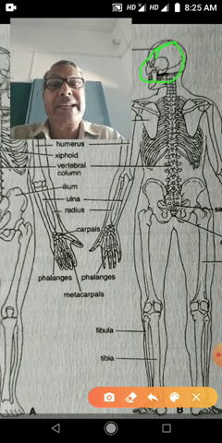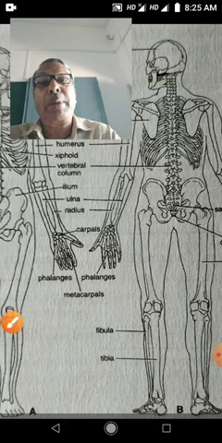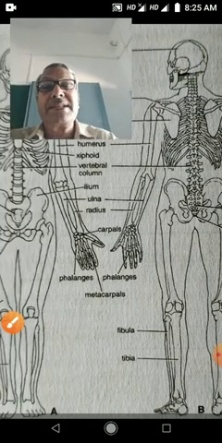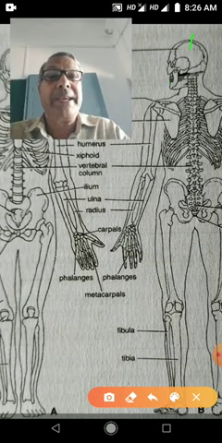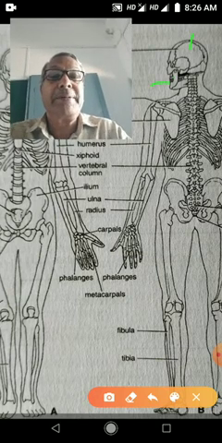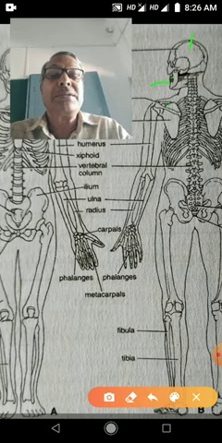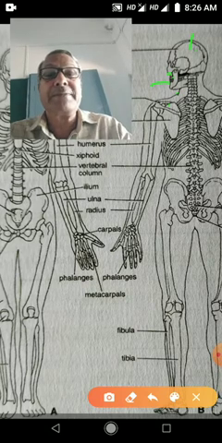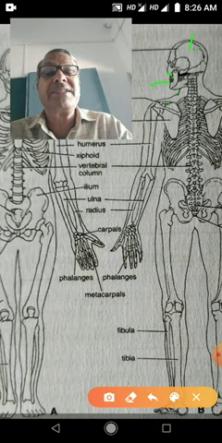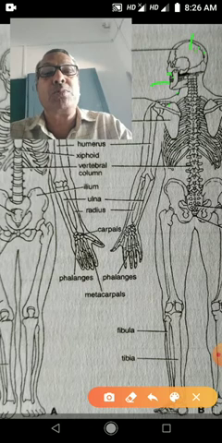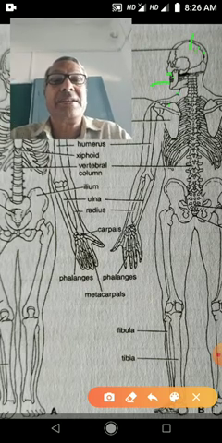One is the cranium, that is the brain box. The other is the face, with the lower jaw and upper jaw. The cranium is made up of 8 bones and the face is made up of 14 bones. So a total of 22 bones are present in the skull.